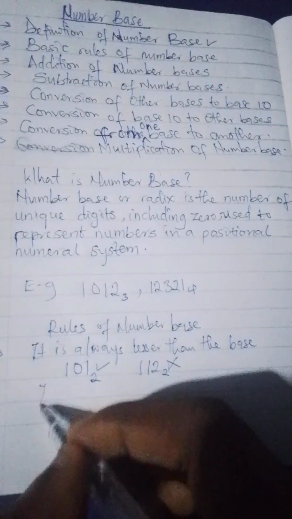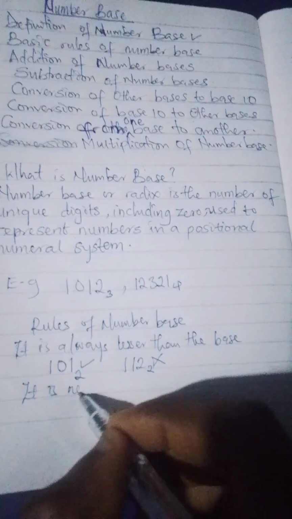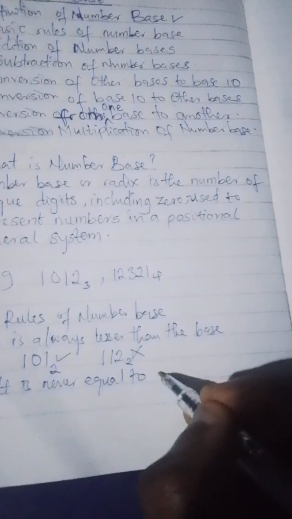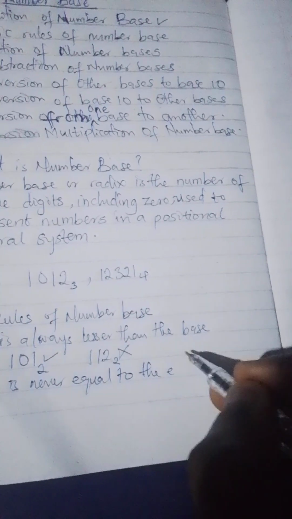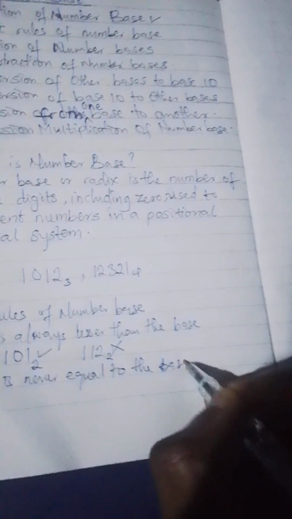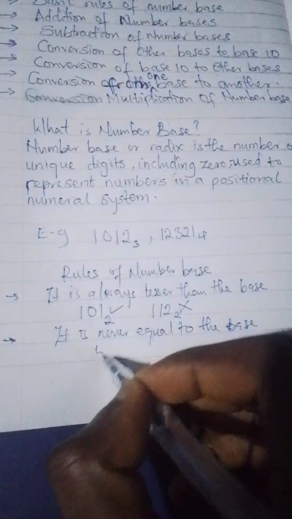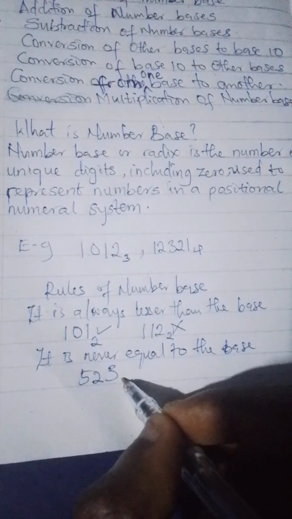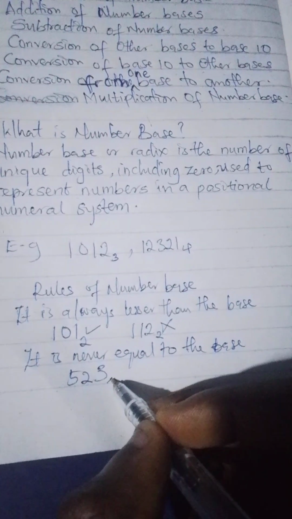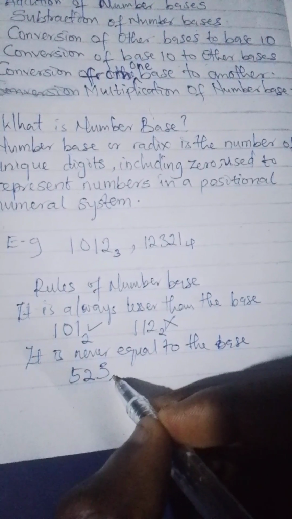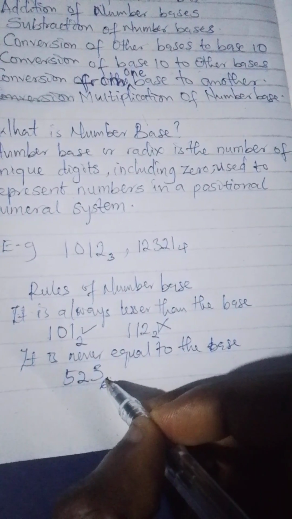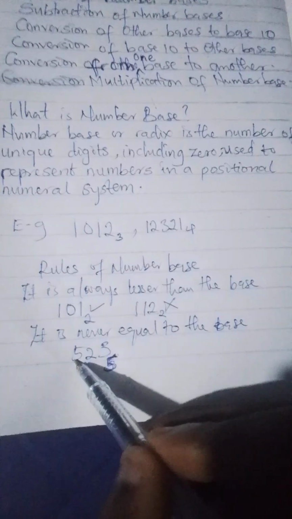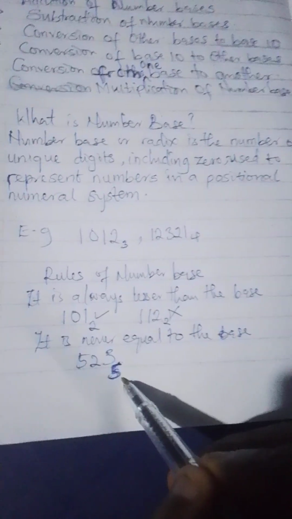Rule number 2 is that a digit is never equal to the base. If you have an example like 523 base 5, you can observe that 5 here is equal to the base, which is 5.